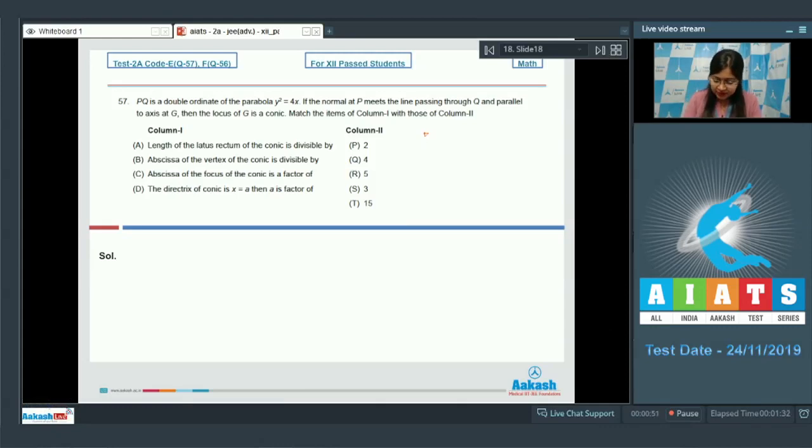So it has been given over here that this is a parabola y squared equal to 4x, and we are given double ordinate that is PQ. So a normal is drawn at point P and it meets the line passing through Q and parallel to x-axis at G.